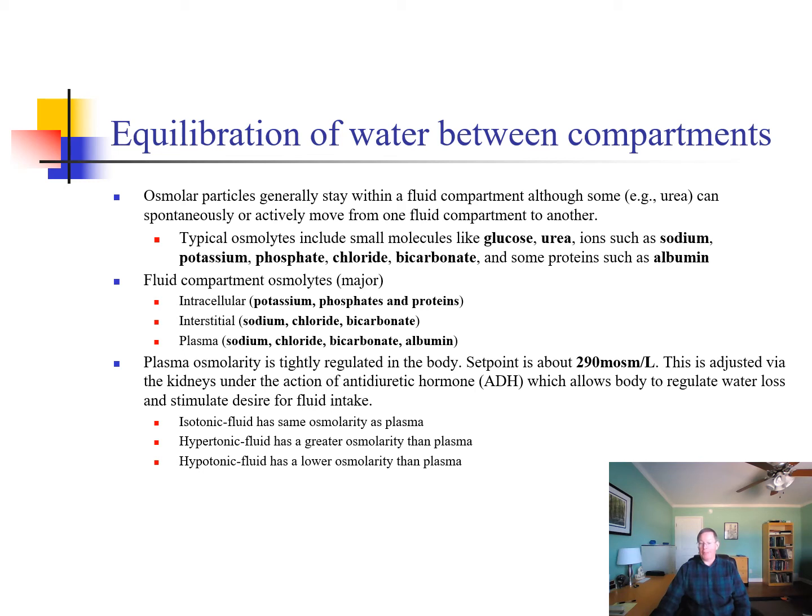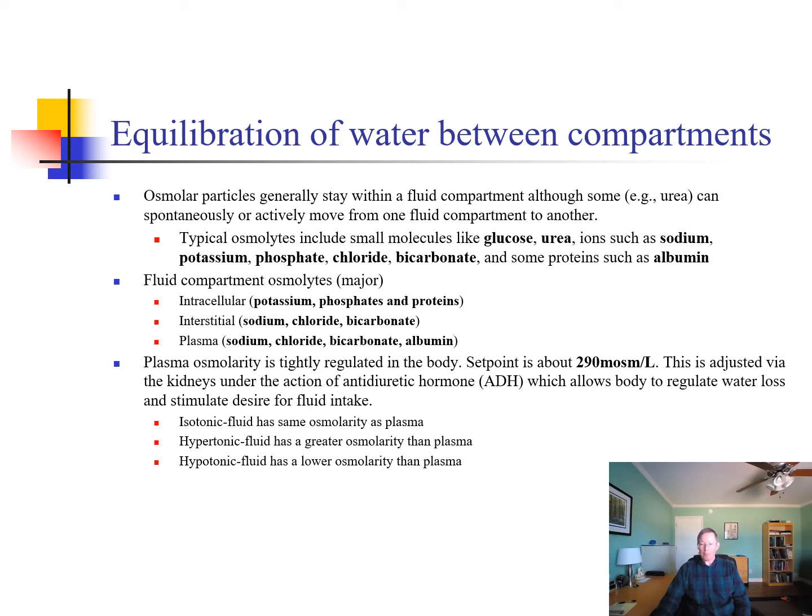Inside the plasma, it's sodium, chloride, bicarbonate, and albumin, albumin being the protein that's prevalent in the blood. And in the interstitium, it's sodium, chloride, and bicarbonate. So it's important that you keep each of these osmolytes in mind in the different compartments.